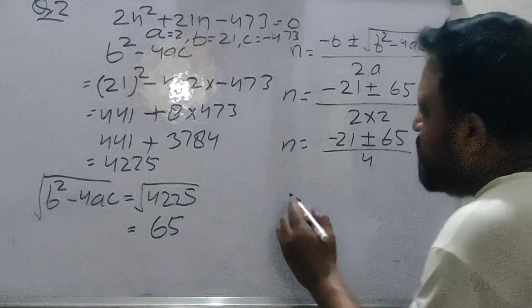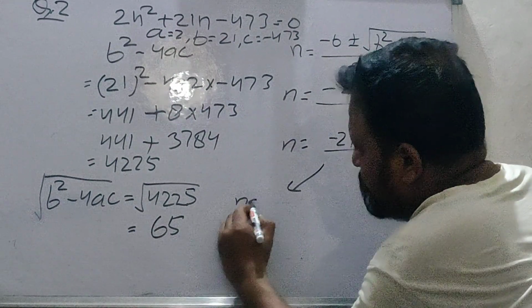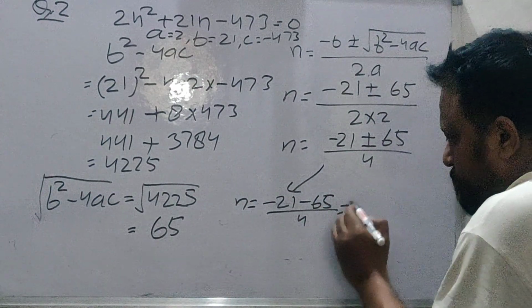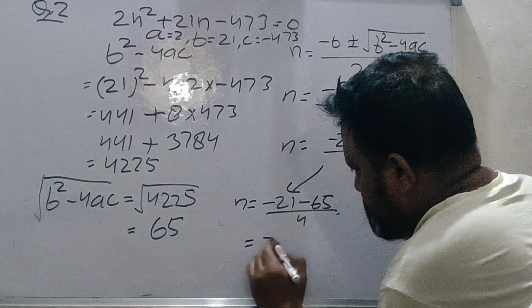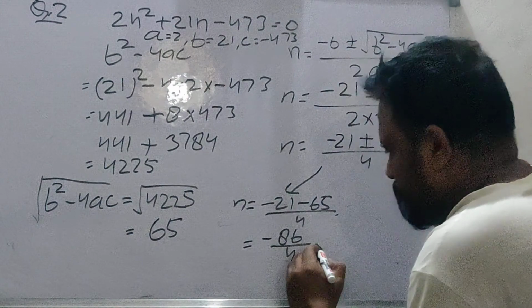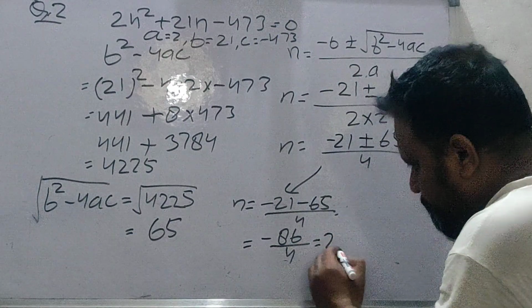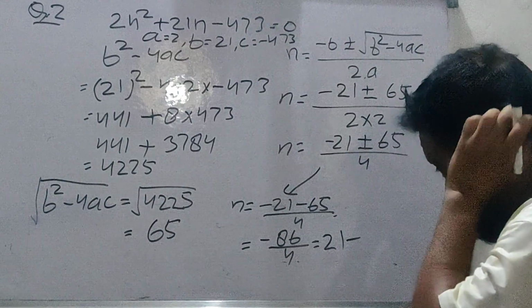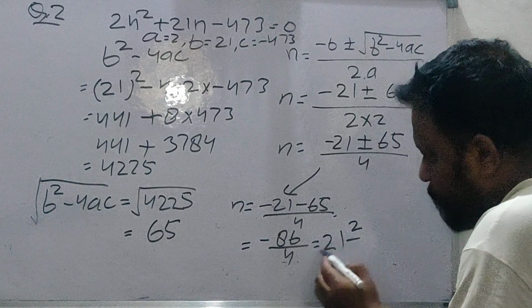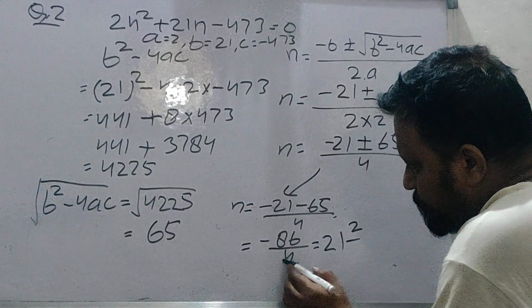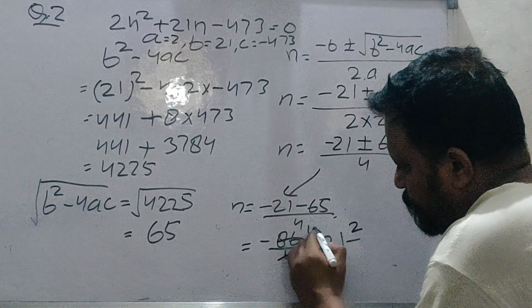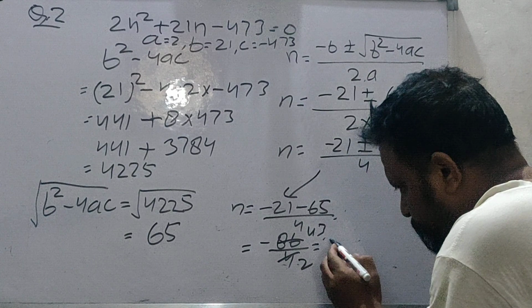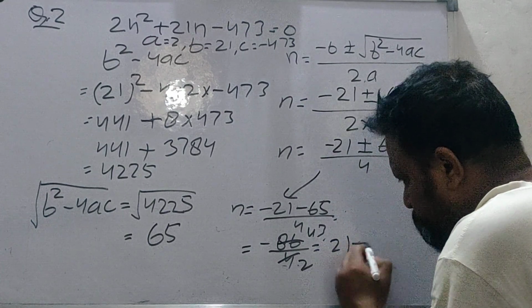So now if n is equal to minus 21 minus 65 upon 4, it becomes minus 86 upon 4, which is minus 43 upon 2.